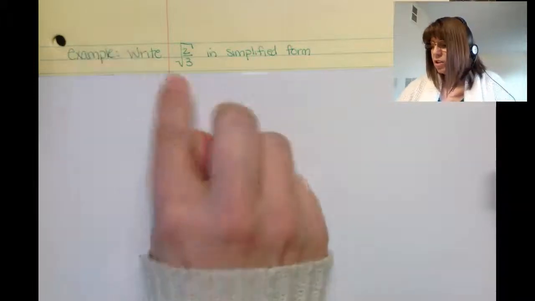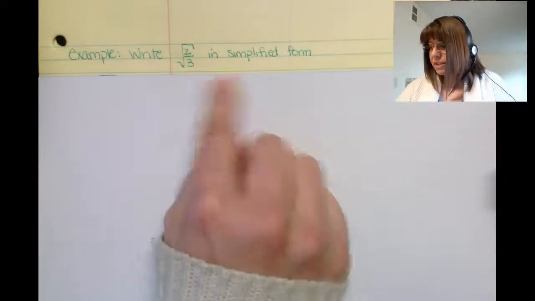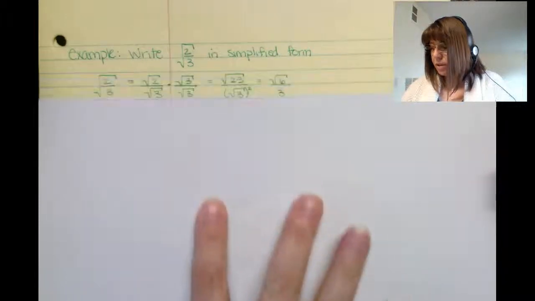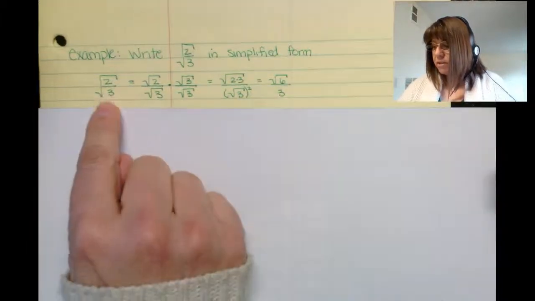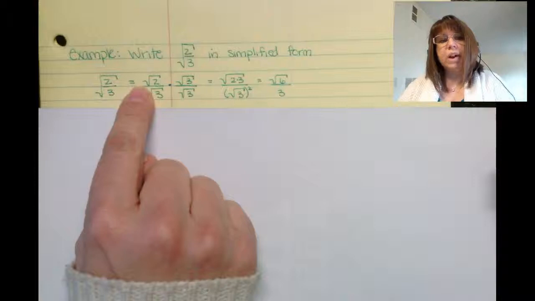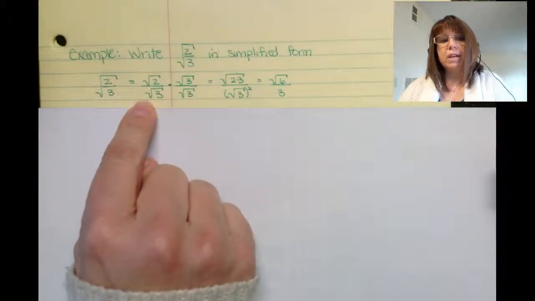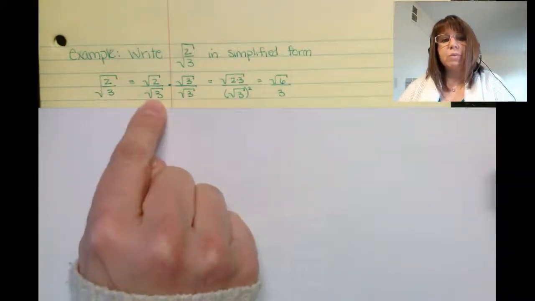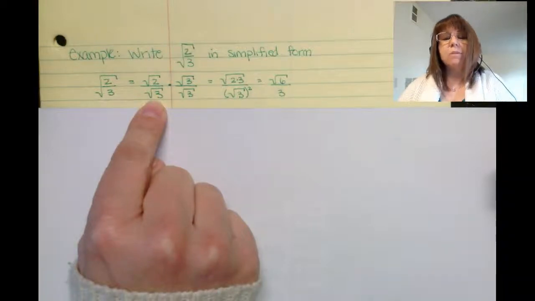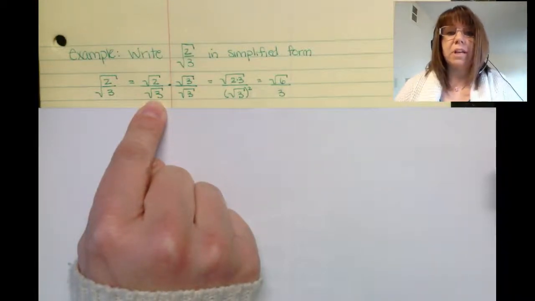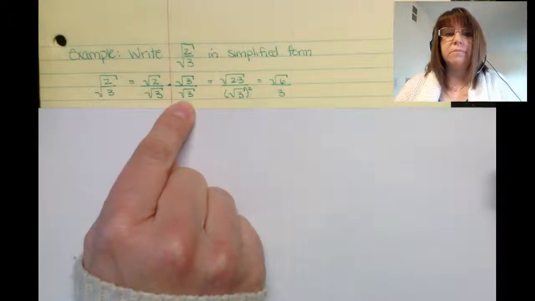Let's see a similar problem. Let's write the square root of 2/3 in simplified form. So working through the problem, first I'm going to break it apart to where I have the square root of 2 over the square root of 3. Now, because I have the square root of 3 in my denominator, I'm going to multiply both the numerator and the denominator by square root of 3.